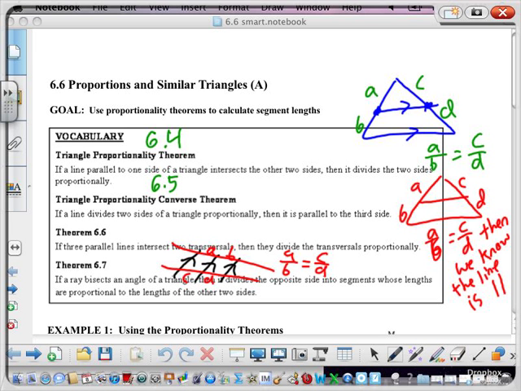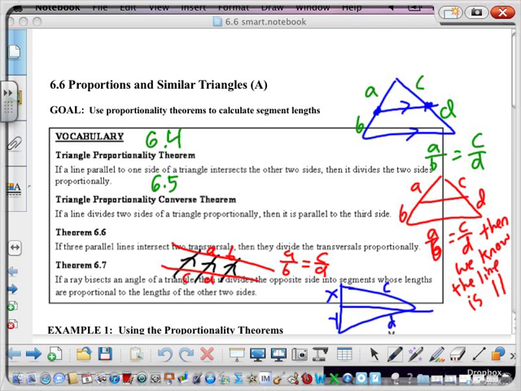Okay. Last, if a ray bisects an angle of a triangle, then it divides the opposite sides into segments whose lengths are proportional to the lengths of the other two sides. So, if we have a triangle, and I'm a ray that cuts it in half, then these sides are proportional to these sides.